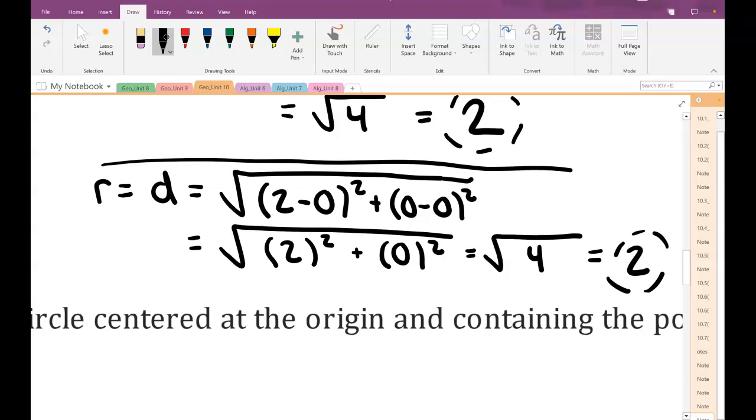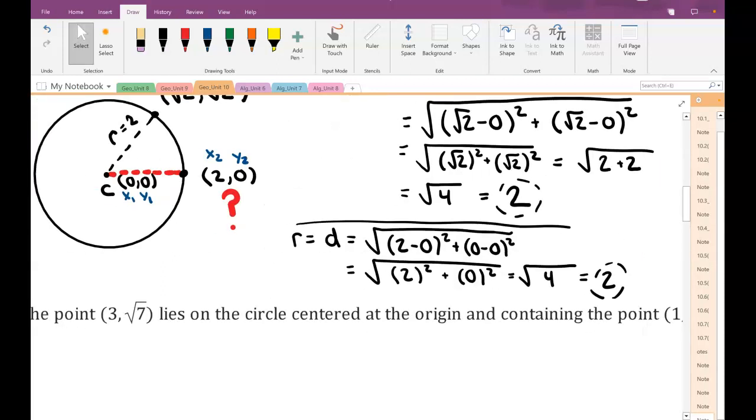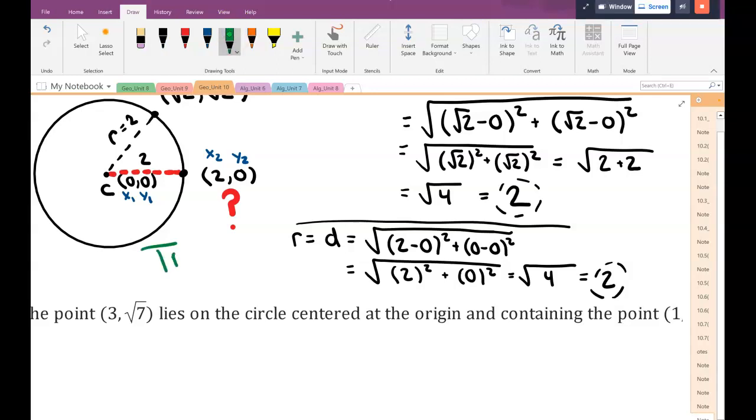So what we just showed is that the distance between (2, 0) and our origin is equal to 2 as well. So this would be a true statement that (2, 0) is on the circle.